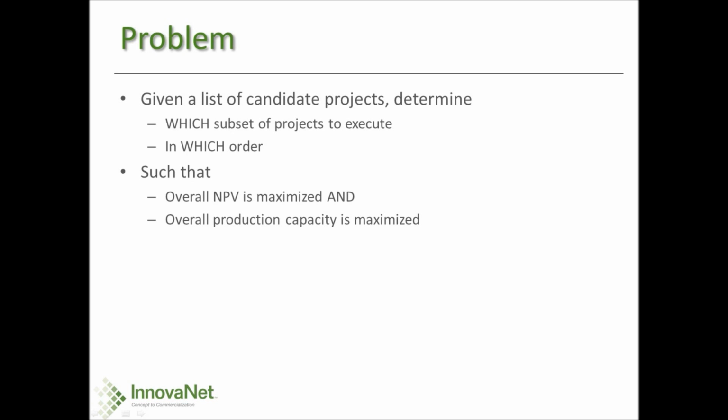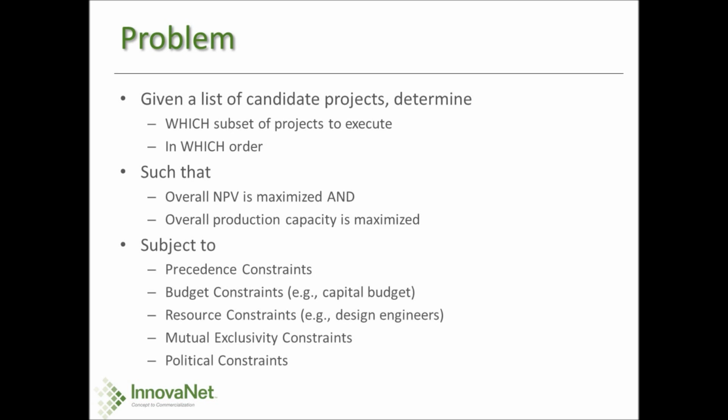In choosing the subset of projects that offer the best results, the company must also respect all the constraints, which include precedence constraints, budget constraints, resource constraints, and mutual exclusivity constraints, as well as political constraints requiring that certain projects be executed and others not be executed.